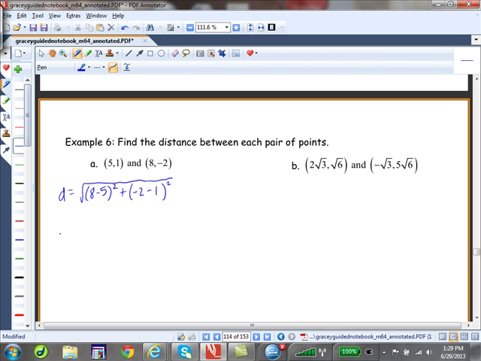So we actually get root 3 squared, oh that's funny, plus negative 3 squared. And then we'll get root 9 plus 9 is 18. So simplifying that, remember 18 is 9 times 2, so that's going to be 3 times root 2. And then that's in linear units.